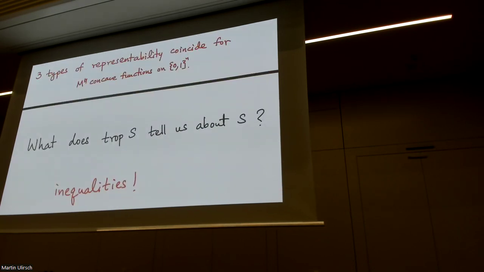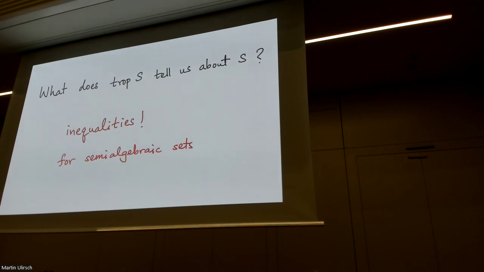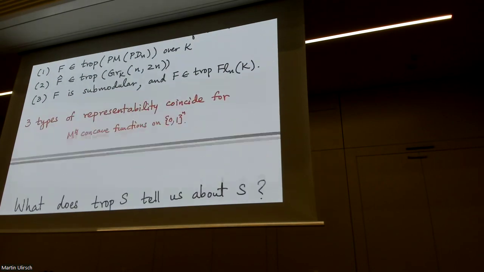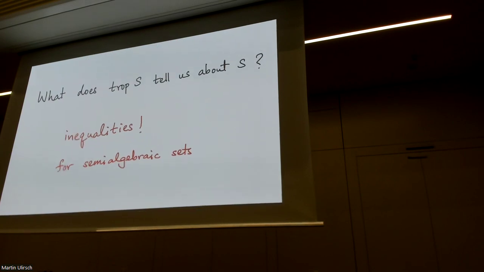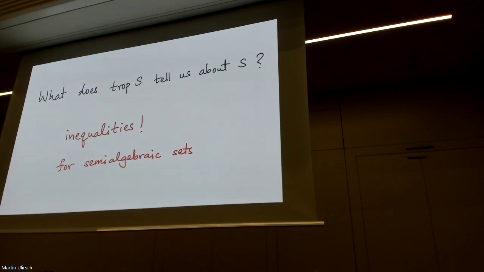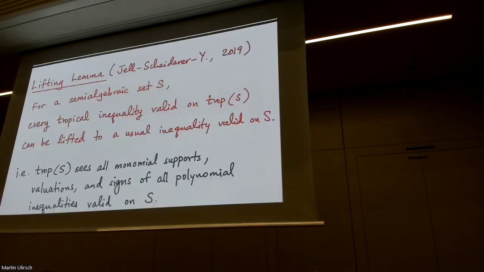All right, if I can have one more minute, I'll tell you about this. Maybe you're thinking, okay, fine, the tropical results, whatever, maybe you don't care about tropical geometry. Let me go back to the classical world. What does tropicalization tell us about our original set, the principal minors? Can I tell you something that you didn't already know about principal minors of positive definite matrices? It turns out the tropicalization in the real case is good for finding inequalities for a semi-algebraic set.